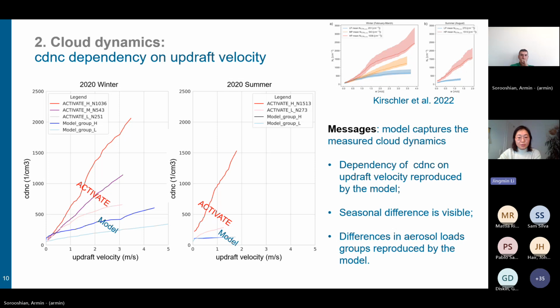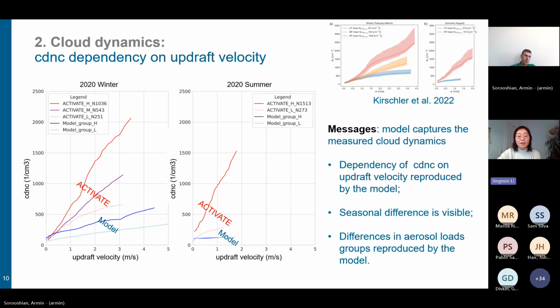We see here that the slope of this dependency from the model simulation is lower than that from the ACTIVATE measurement. This is because the model underestimates the CDNC values at cloud base.